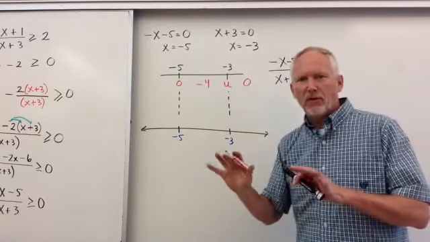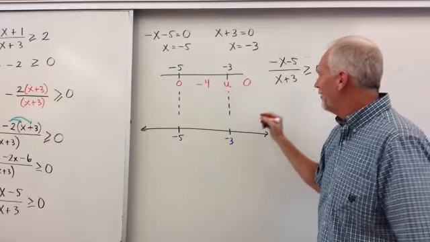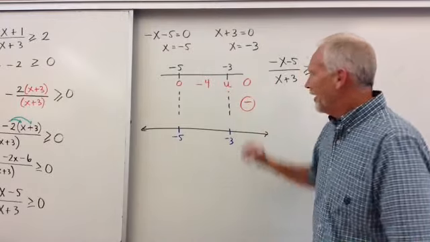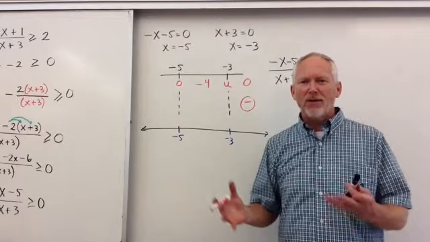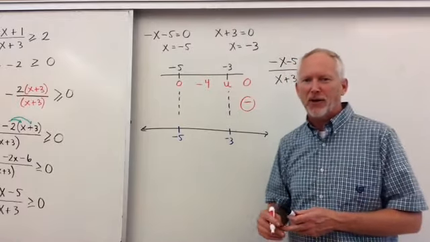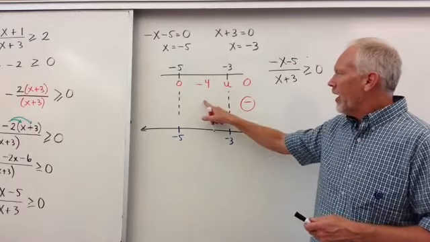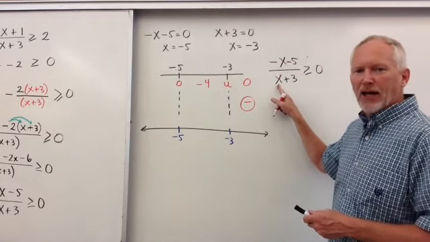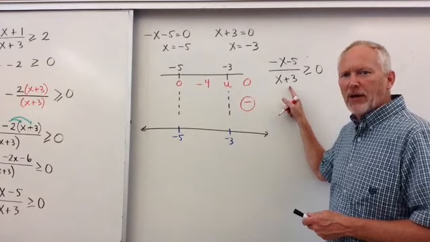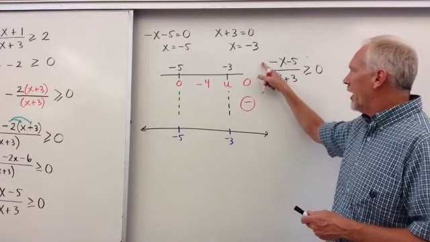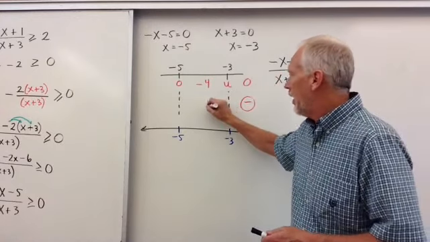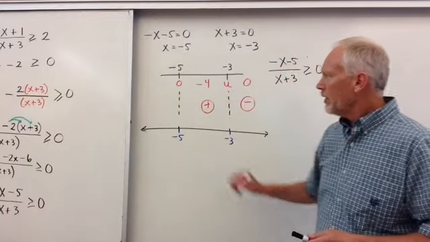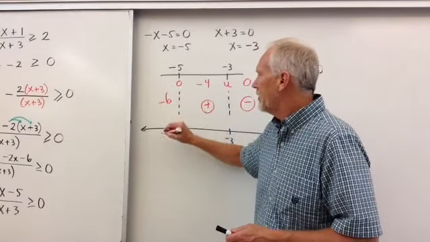Excuse me everybody, sorry, 0 was a negative number. I know you're thinking, wait, no, it's not. No, well, I just made a mistake. Okay. So then, negative 4. Well, negative 4 minus 5, that's going to be a negative here, and negative 4 plus 3 is going to be a negative 1. So I get a negative divided by a negative. Makes this a positive. And now we try negative 6.